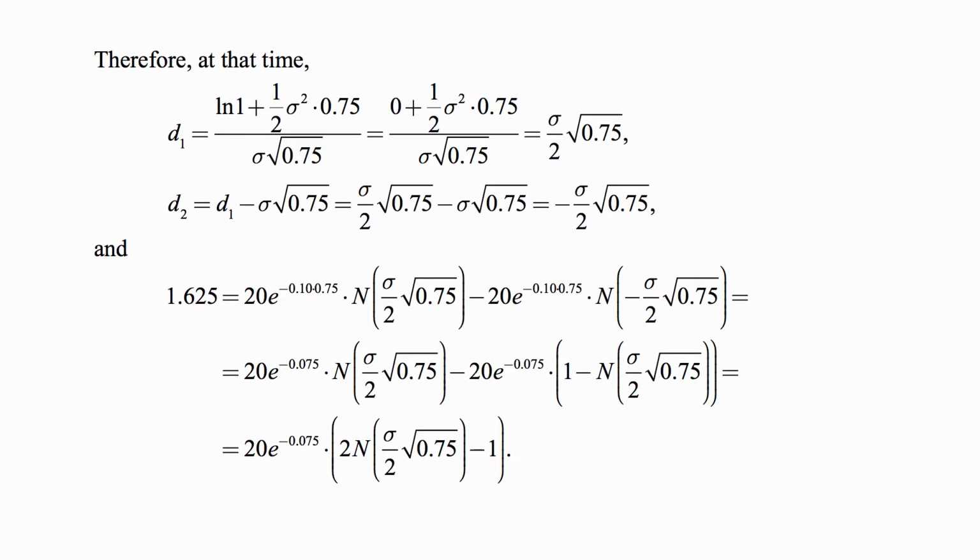So at that time, 9 months before expiration, we plug all the data that we know in, and we get d1 and d2 expressed in terms of sigma, which is not known. We need to find it.